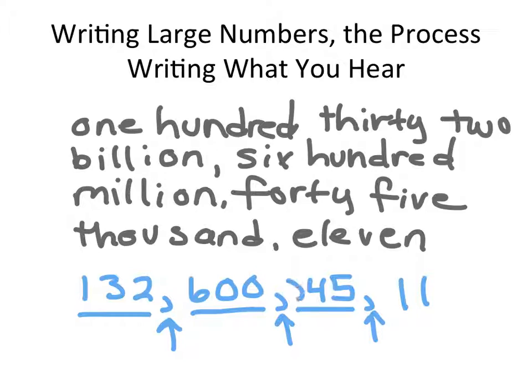I can put the 0 here and it will still say 45, and now I have all 3 of my family members. Lastly, 11. I have 11 right here, but I'm missing a family member. I need to put my 0 here to make sure it still says 11. Now my number reads 132 billion 600 million 45,011.